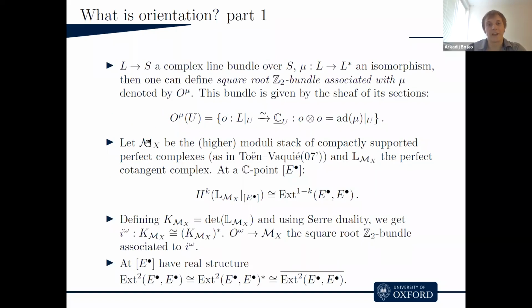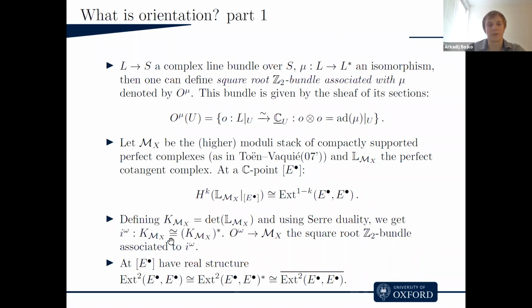And when M_X is the moduli stack of compactly supported perfect complexes, so something that classifies these, as constructed by Toen and Vaquie, one has a cotangent complex, which is a perfect complex. Again, one should think of it as a complex of vector bundles on this moduli space. And at a point, this complex has homologies given by the Ext groups.